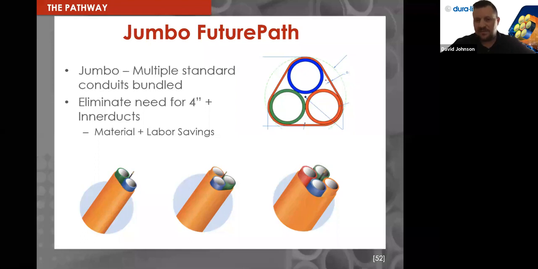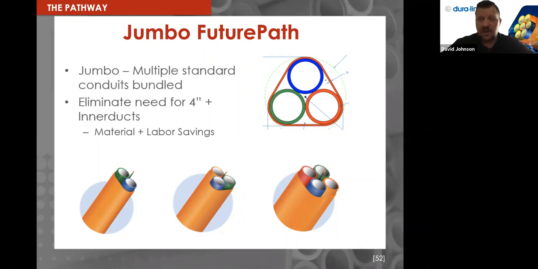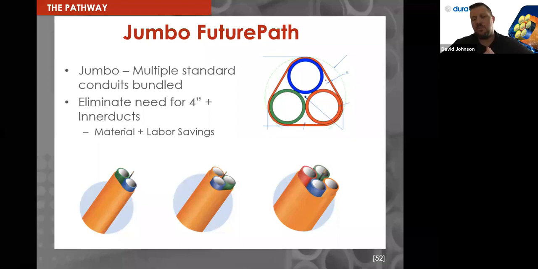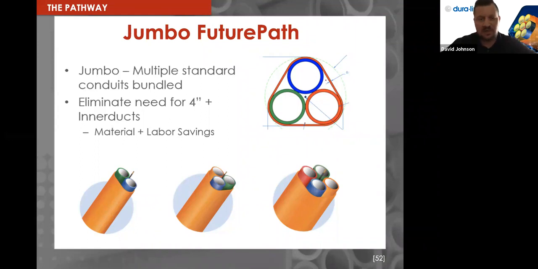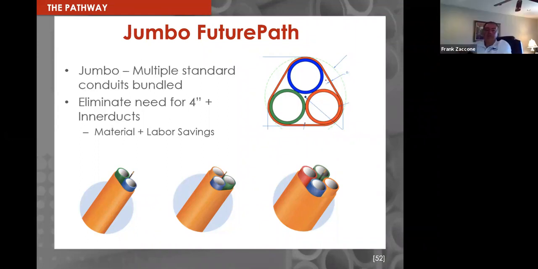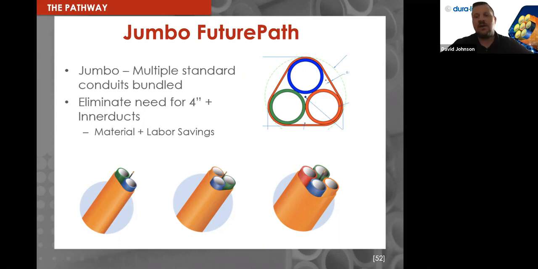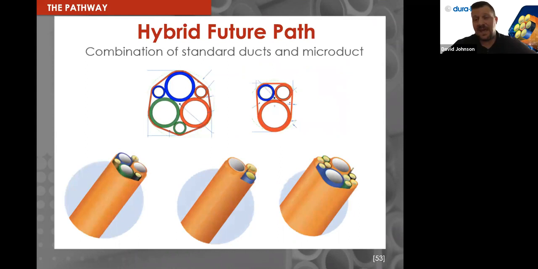But they want to have the added benefits of placing it under one oversheath. We came out with a product called Jumbo FuturePath. Our Jumbo FuturePath is a mix of standard conduits, so all 1.25 inch and 1.5 inch products, and we're putting those inside of an oversheath. So terminology, when you hear the word Jumbo FuturePath, that's standard conduit inside of an oversheath with a gauge wire, all on one reel, making the staging of installing your pathways a little easier for you out in the field.